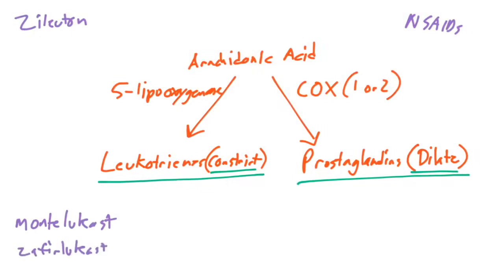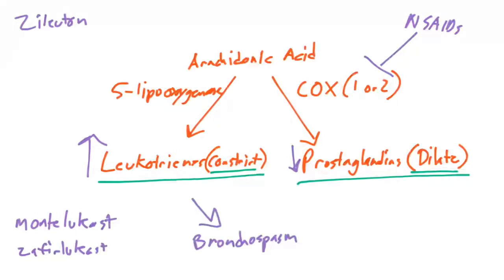So NSAIDs will act by inhibiting the COX enzymes, which will decrease the amount of prostaglandins. Therefore, the leukotriene pathway will dominate and you will get a higher concentration of bronchoconstrictors. So you'll get bronchoconstriction overall. And this can lead to bronchospasms. You can get asthmatic-like symptoms such as wheezing or shortness of breath.